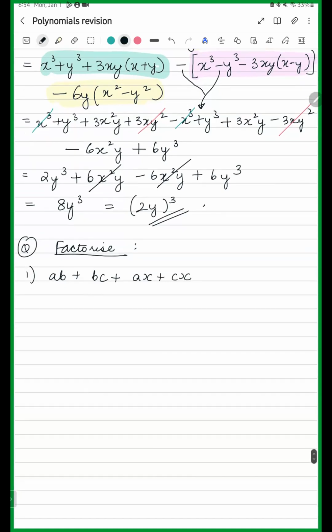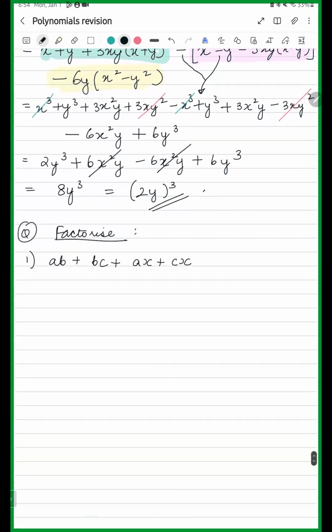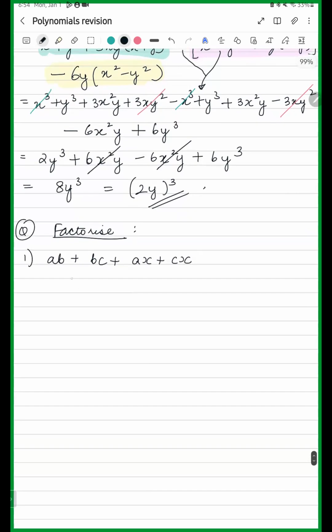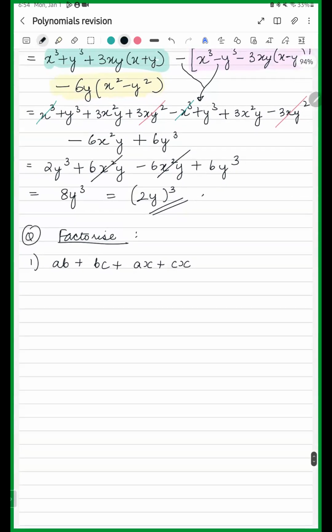In this case, what we can do is from here and here, we can take b as common, and from here and here we can take x as common. So if you take b as common, it's a plus c, and if you take x as common, it is a plus c.